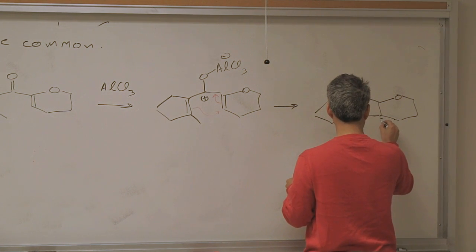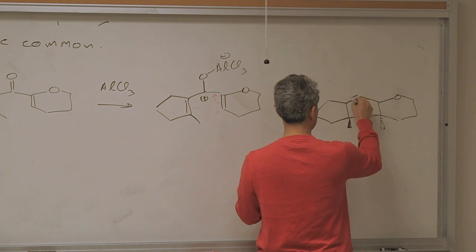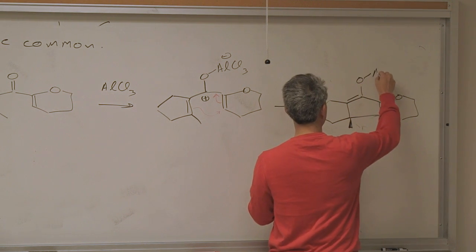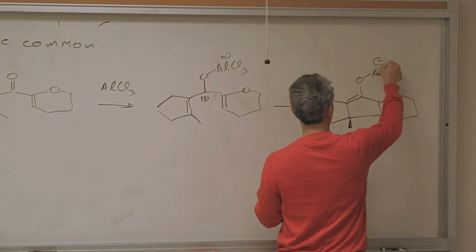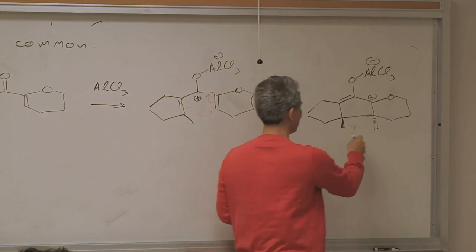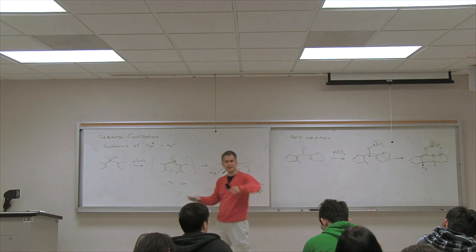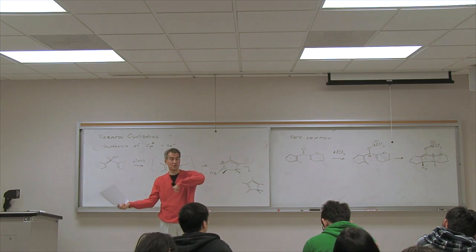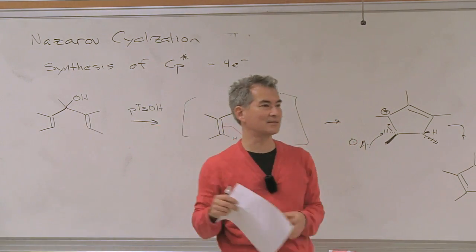You get a racemic mixture of this intermediate. Right? There are no chiral centers on my starting material to control the stereochemistry. And so I'll get a racemic mixture of these 2 cyclized products. There are 2 different ways to go conrotatory, clockwise or counterclockwise.